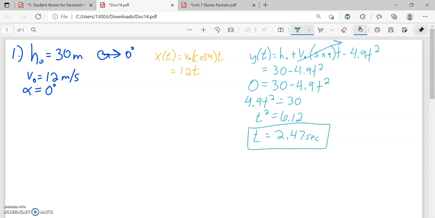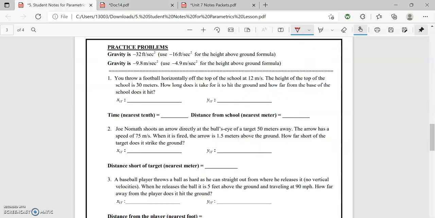Okay, so we have answered one of the questions, the question of how long does it take for it to hit the ground? So 2.47 seconds.